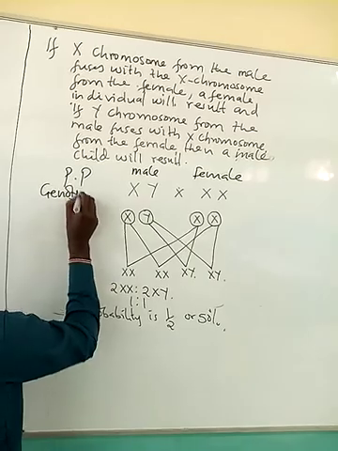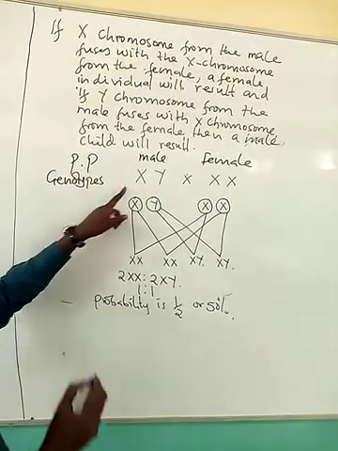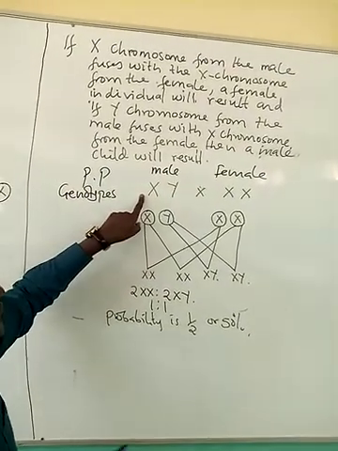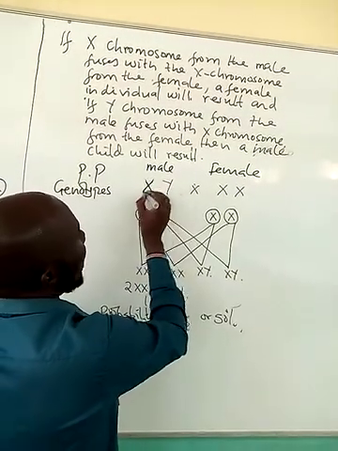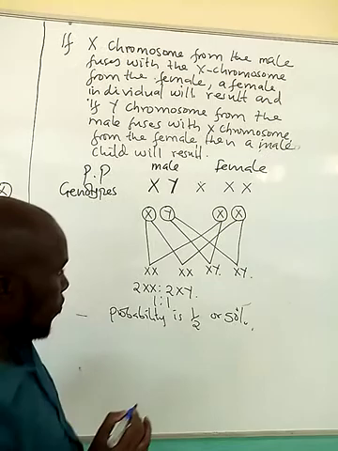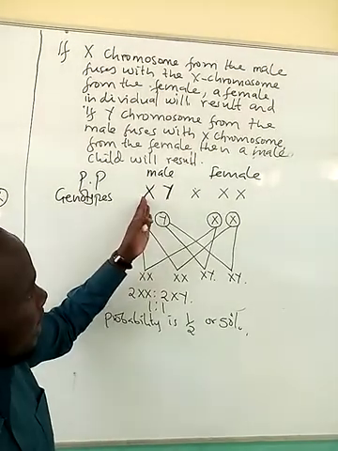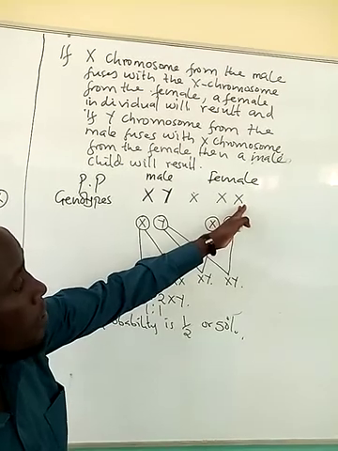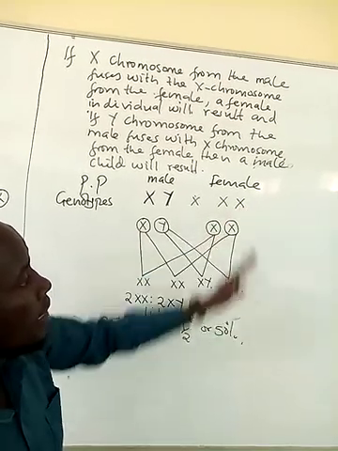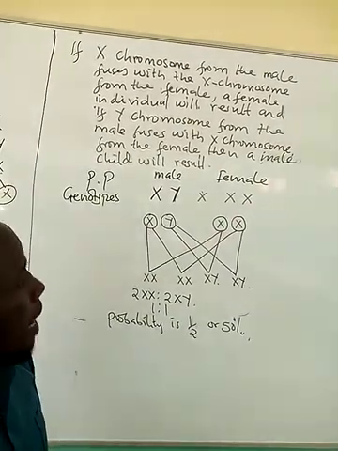When we are talking about the genotypes, we refer to them as the genetic constitution of an organism. So males are XY, which we call heterogametic, while the females are XX, being alike, and are therefore called homogametic.